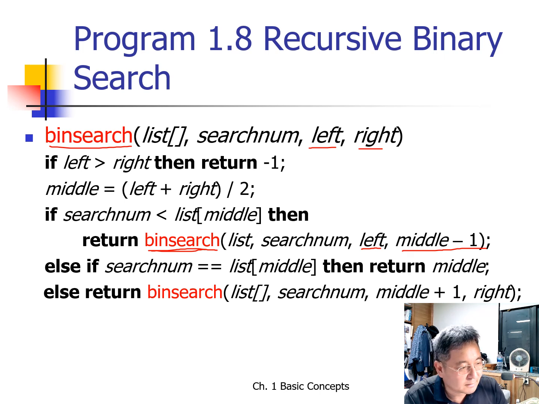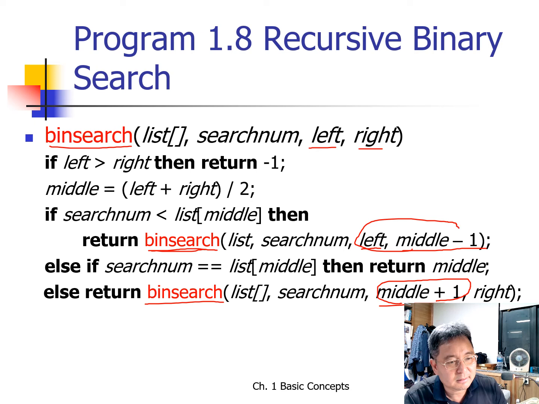And this binary search also uses different parameters. Okay, instead of left, they will use middle plus 1. So this means the right part will be searched, and this means the left part of the data will be searched. Okay, so that's the same logic as binary search.